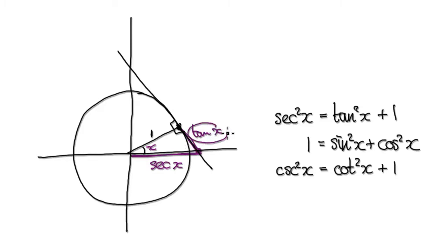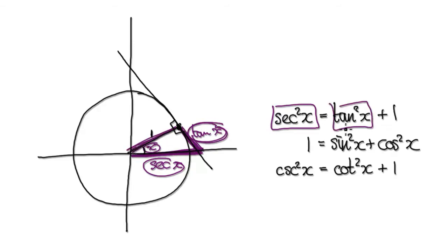Well, if you use Pythagoras, the longest length, the hypotenuse, is this thing here. The opposite is this thing here, and then you've got your adjacent here, which is 1.